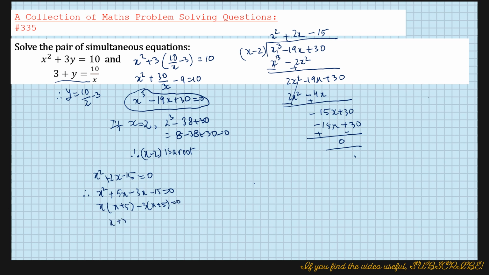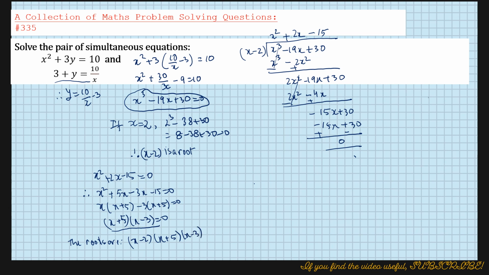So x plus 5 times x minus 3 equals 0. So the other two roots are x plus 5 and x minus 3. So the roots are x minus 2, x plus 5, x minus 3.